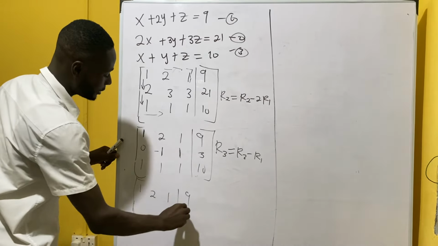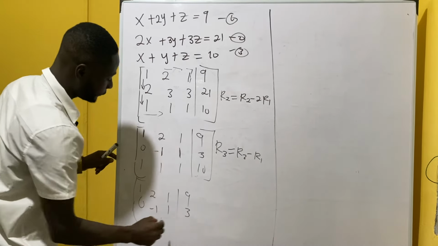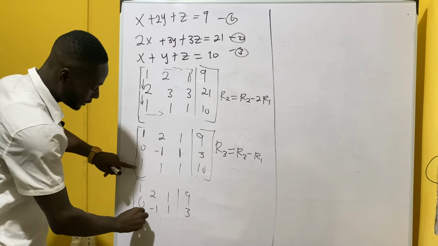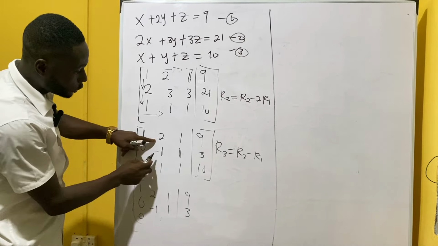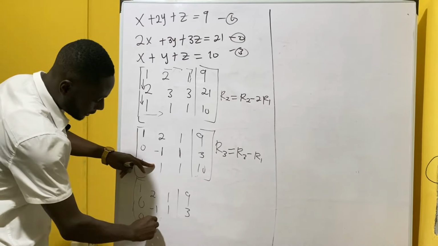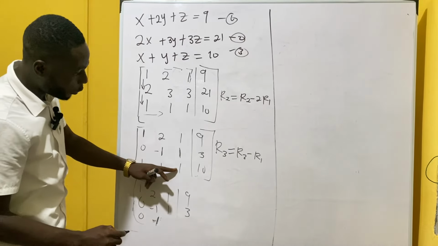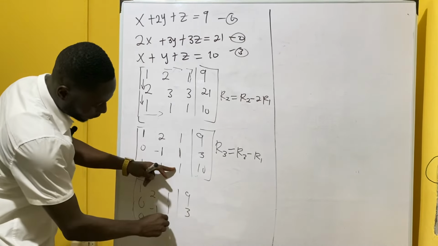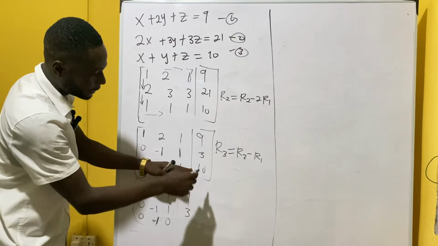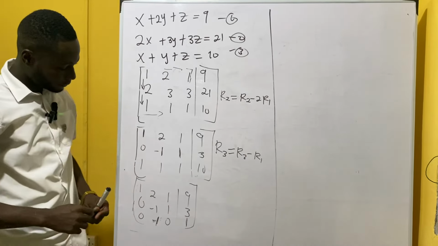Then we have 1 minus 1, and that is 0. Then 1 minus 2, and that is negative 1. And then 1 minus 1, and that is also 0. And then 10 minus 9, that is 1.